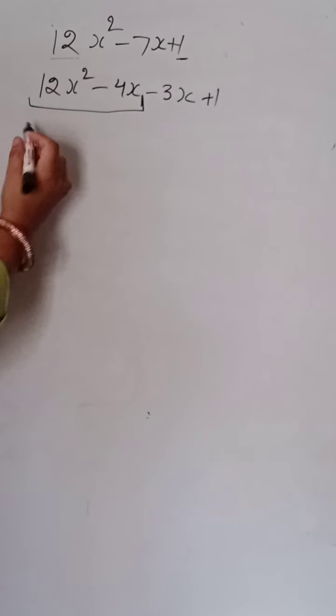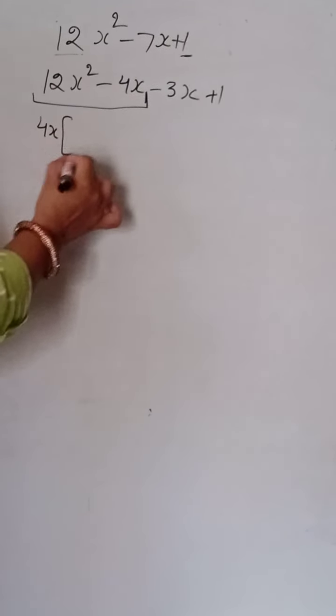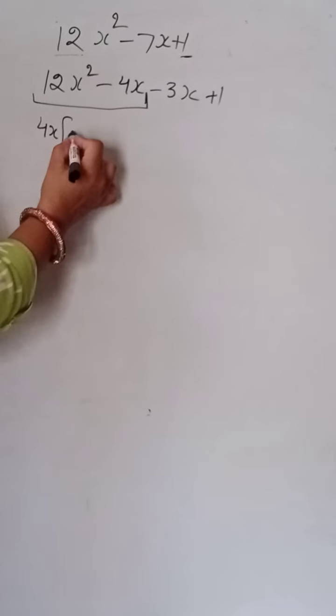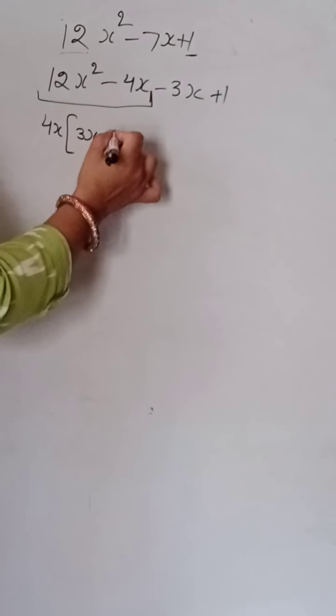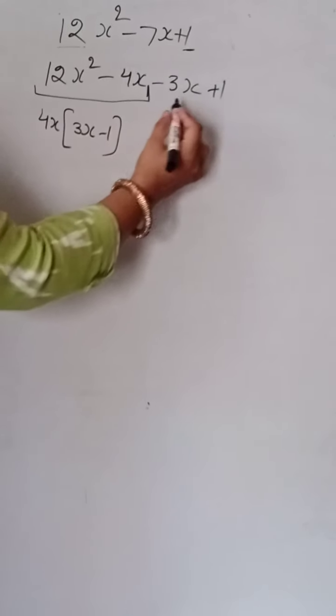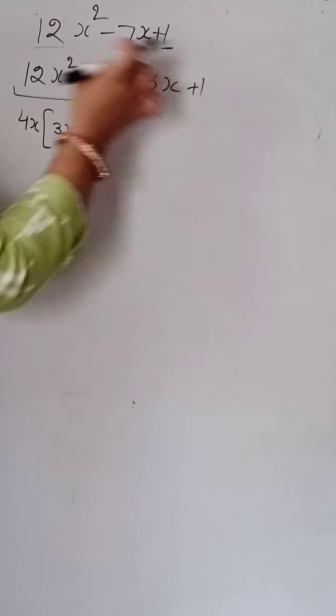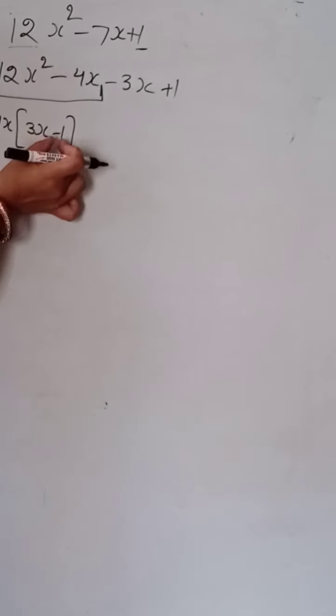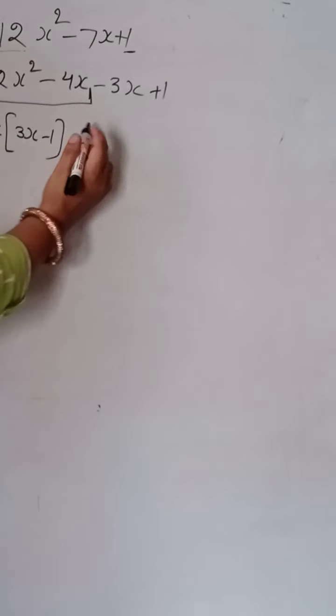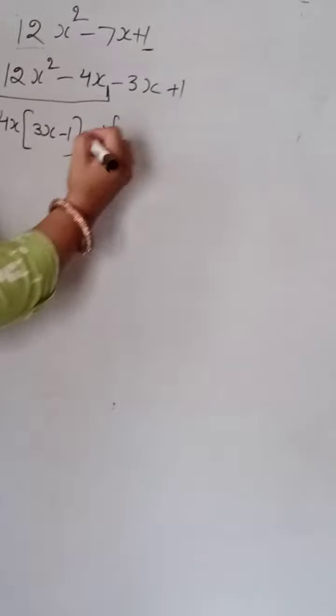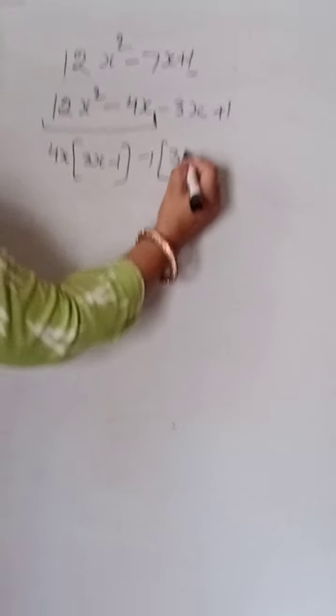Now take common terms from here. What can you take common from here? 4x. So what is left behind? 3x. And from here minus 1. From here you can see that this term is minus 3x plus 1, and this is 3x minus 1. If I take common minus 1 from here, what do you get? 3x minus 1.